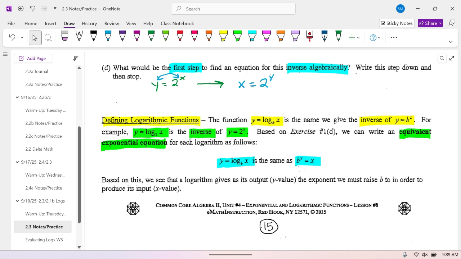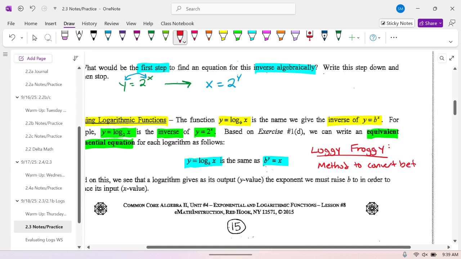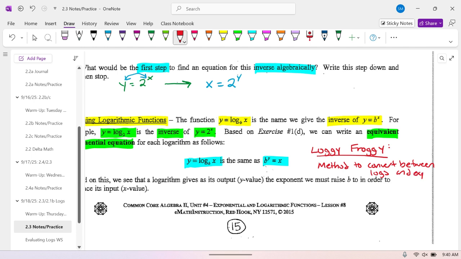Now, there's a very easy way to do this. With logarithms, the method loggy froggy is going to be your friend. And yes, I said froggy. So loggy froggy is the method to convert between logs and exponentials.